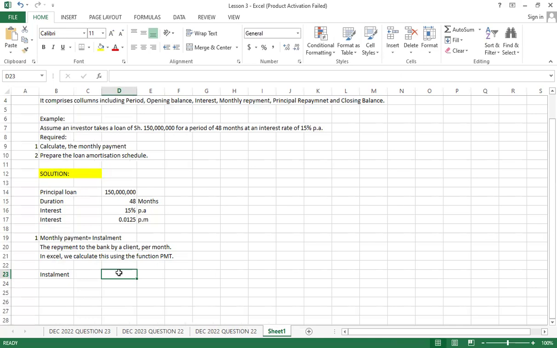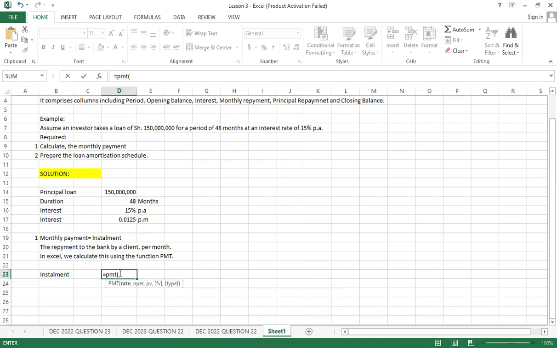If you want to work with a function to compute this, you will start with an equal sign. Every time you're working with a function in Excel, the starting point is the equal sign. So what we want to compute is a PMT. That is the function for it.